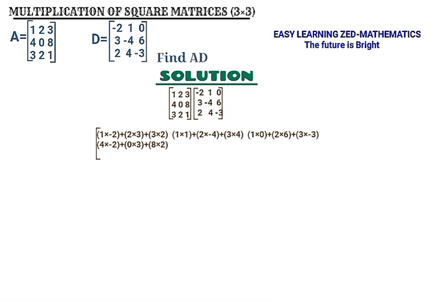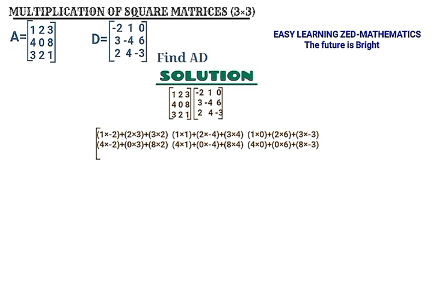Then I'm going to go into the second column, where I'm going to multiply 4 by 1, then 0 by -4, then 8 by 4. Then the third column, where I'm going to multiply 4 by 0, then 0 by 6, then 8 by -3.